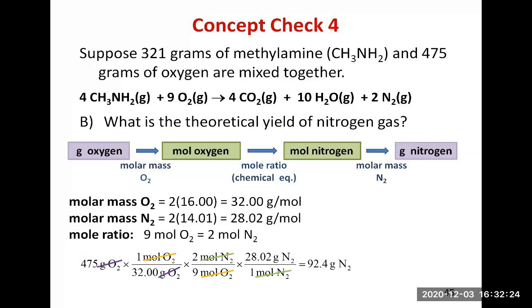What comes after the 4 is a 2, so you keep the 4 a 4. And that's 92.4 grams of nitrogen made from 475 grams of oxygen. And that's the theoretical yield of nitrogen. That's the maximum amount we can make from this amount of oxygen. So that answers question B.